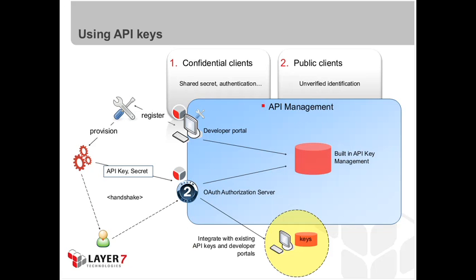Otherwise, it's a public client. And in the case of a public client, you can still issue an API key, although any shared secret associated with it would be meaningless. It becomes a way to identify a client in a non-authoritative way, for example. But for a confidential client, you can assign a shared secret through a developer portal in order to authenticate the client during an OAuth handshake.